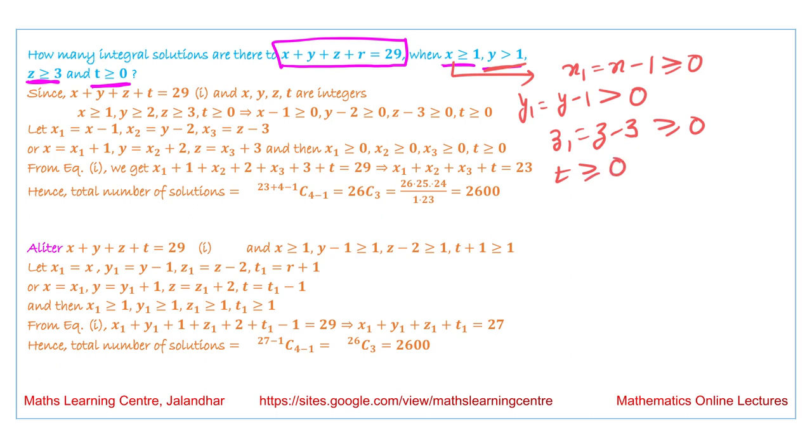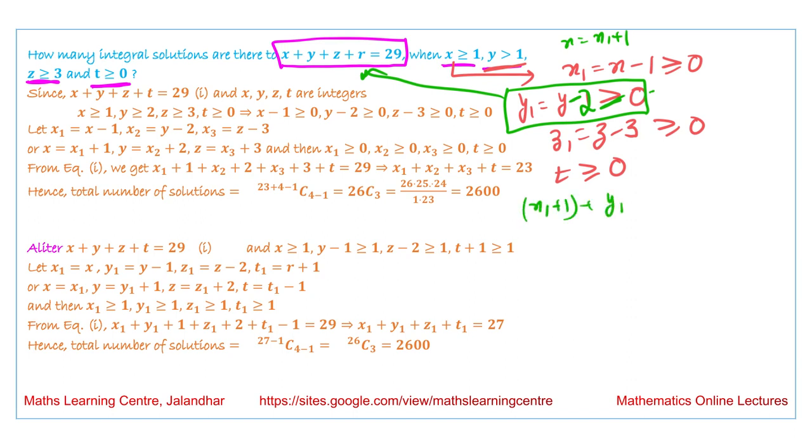Now look at this term over here, y minus 1 is greater than 0. So in place of y minus 1, if I write y minus 2, I will get the greater than or equal to sign. So if we make the substitution in this equation, we get x is equal to x1 plus 1, so it is x1 plus 1 plus y1 plus 2 plus z1 plus 3 plus t is equal to 29.